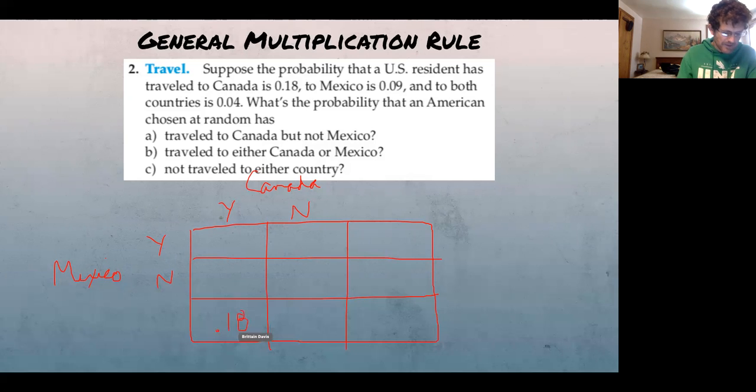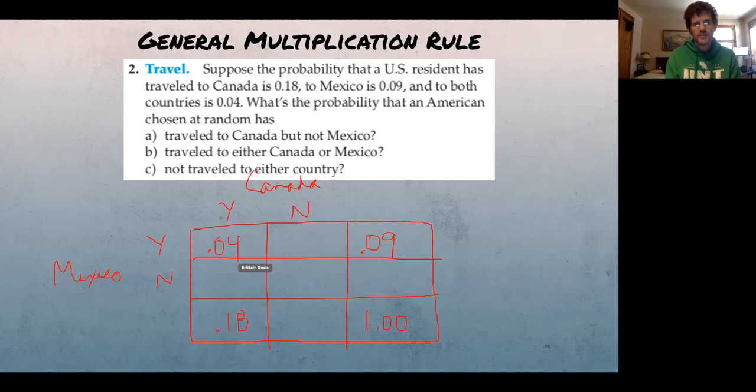So this is my marginal probability, and we're going to have 100% for the total. The probability that someone has gone to Mexico is 0.09, and that's the yes for the Mexico row. And the probability that they've been to both is 0.04, and that's going to go right here.